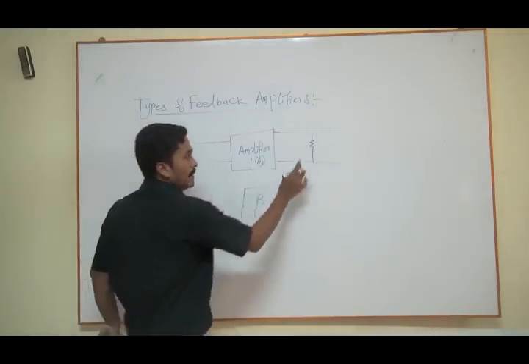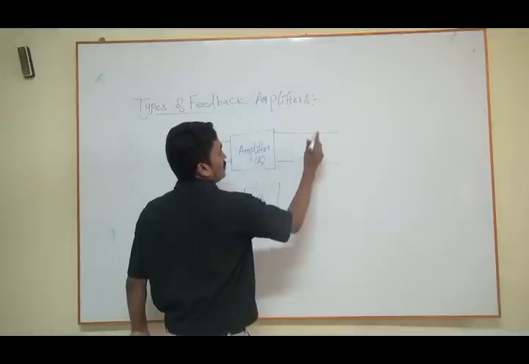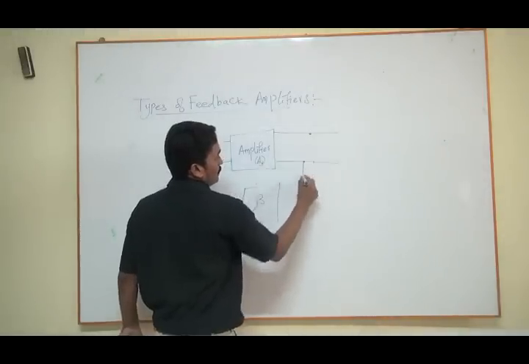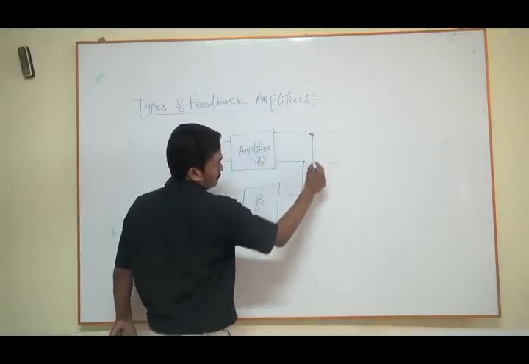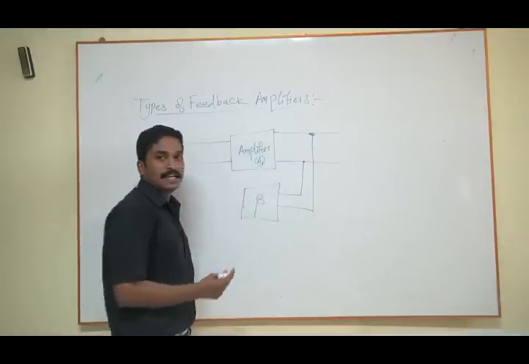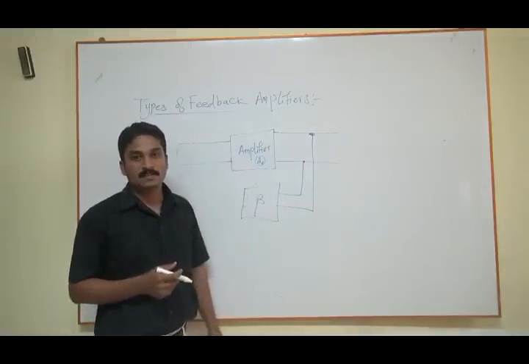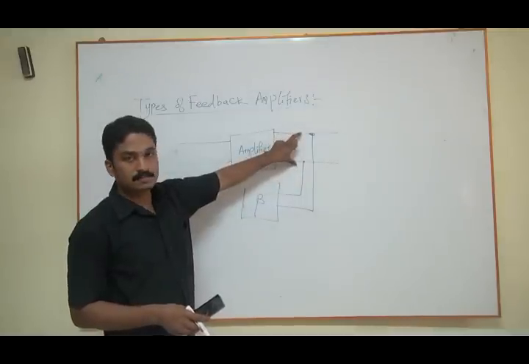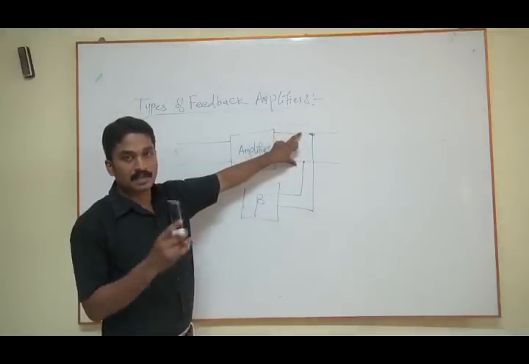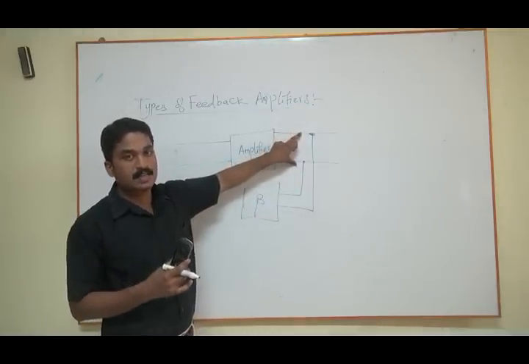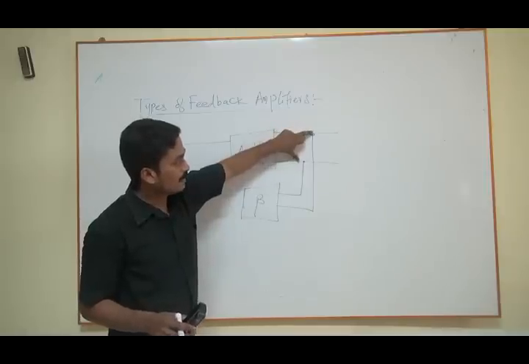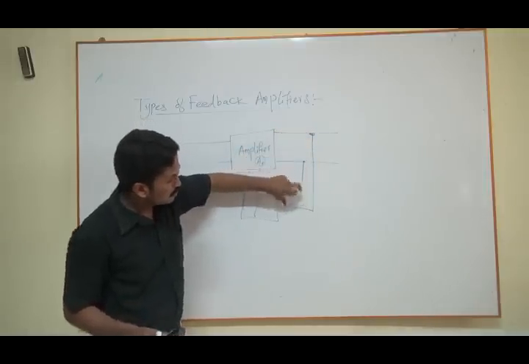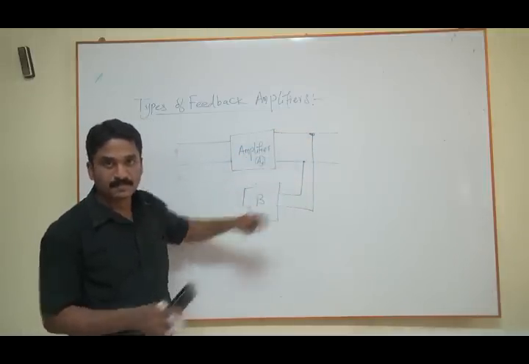So if I take a parallel connection from the output side like this, then it brings you the voltage drop. Clear? If I connect the parallel resistance, it drops the actual voltage across the resistance, which means if I take a parallel connection like this, it draws a voltage, right?